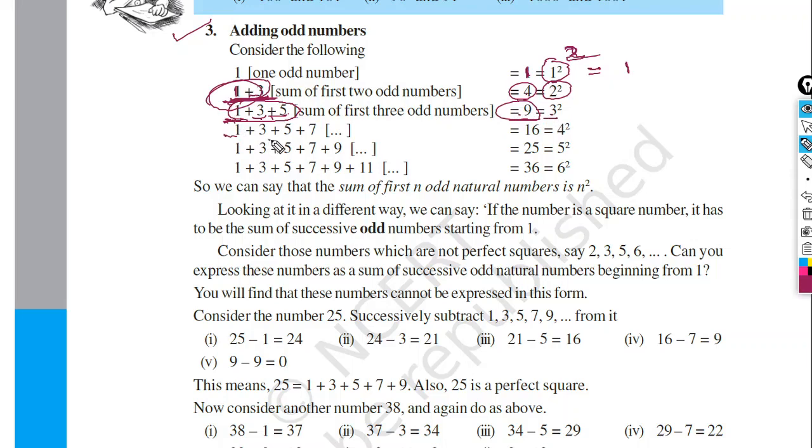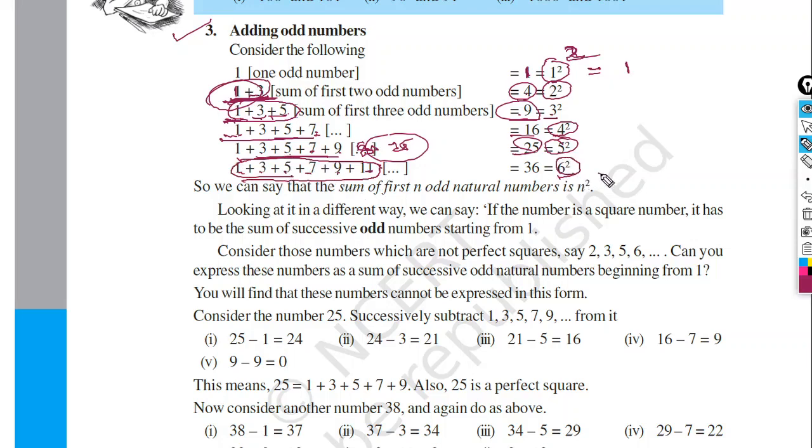Again, 1 plus 3 plus 5 plus 7: 7 plus 5 is 12, 15 plus 1 is 16. So we can write 16, equal to 4 square. Similarly, 1 plus 3 plus 5 plus 7 plus 9 is 25, which is 5 square. If you add the first 6 consecutive odd numbers, you get 6 square.